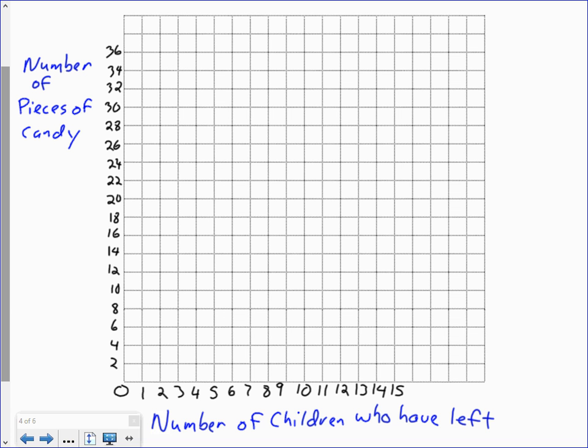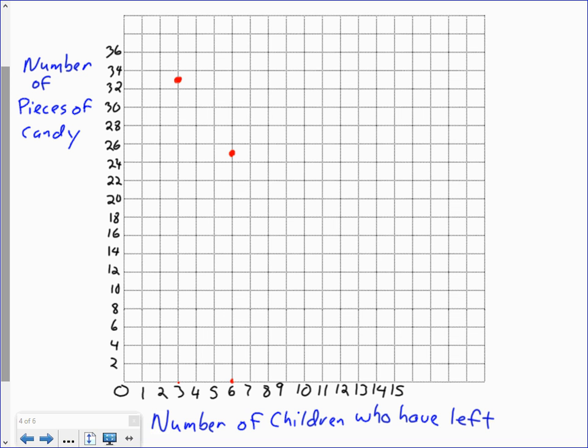Now I'm going to plot the data that I see in that table. For my first data point, number of children who left is 3, so I want to find 3 down here on my number of children axis, and then pieces left in the bowl is 33. So I'm going to go up to 33, which is right there, and that's my first point. My second point, number of children is 6, so I find 6, and then I go up to 25, and that's right there.